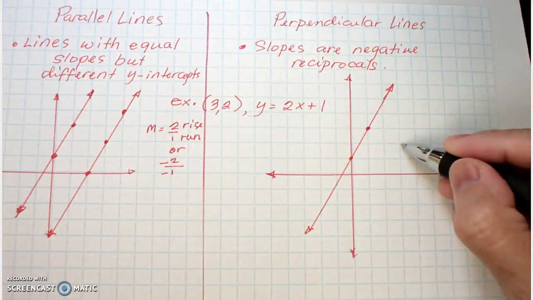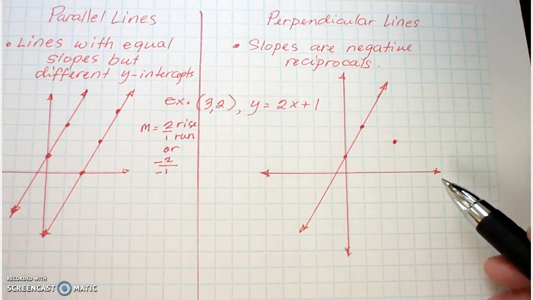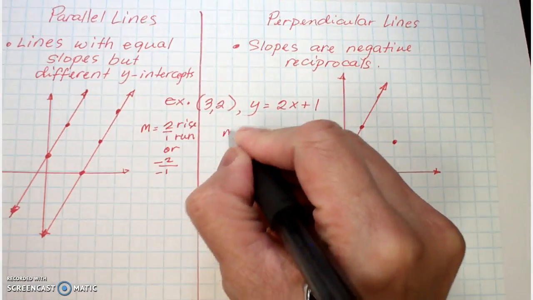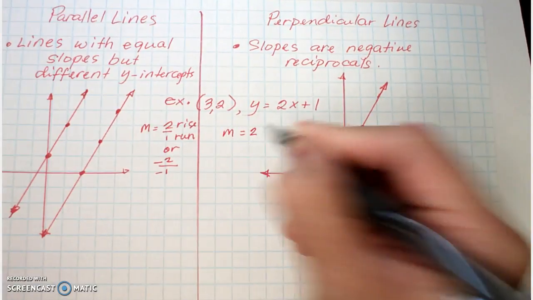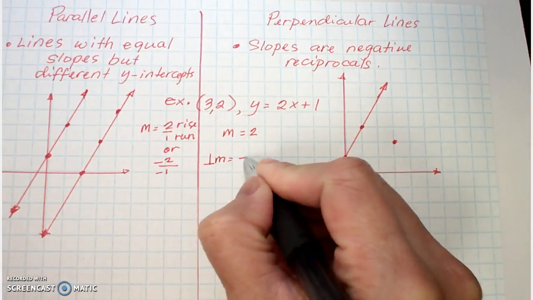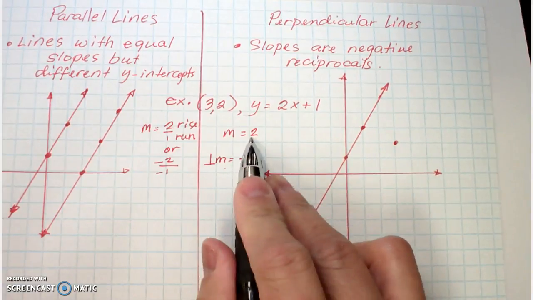So that's 3, 2. It's right here. Please remember that perpendicular lines have negative reciprocal slopes. So therefore, if my slope here is 2, my perpendicular slope is going to become negative 1/2. So it's the negative reciprocal of that one.